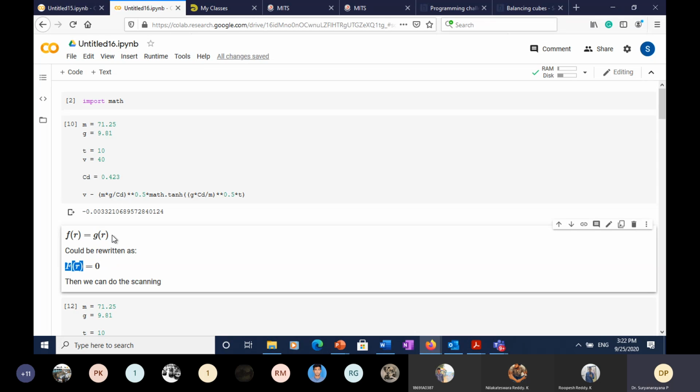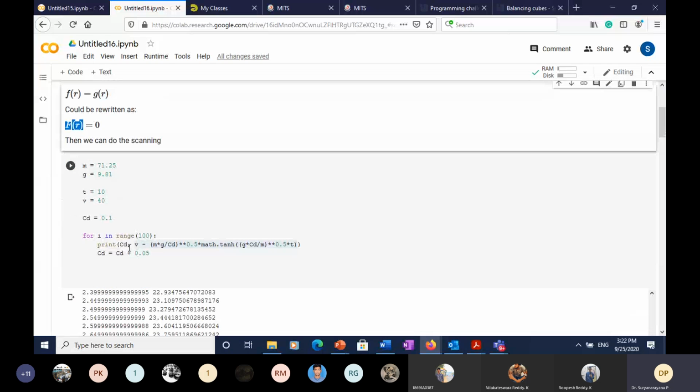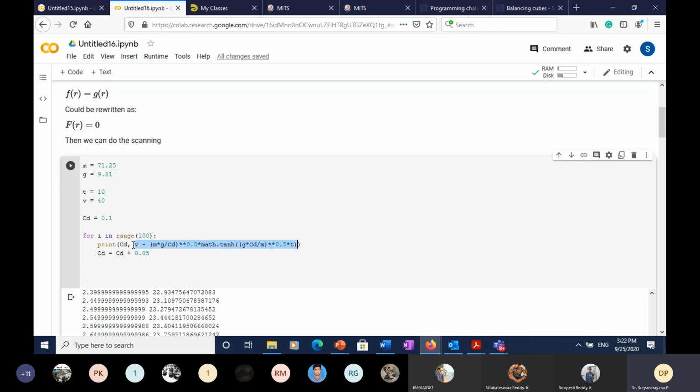Okay. The equation generally may look like this. R could be on the right hand side and left hand side also, but bring everything, including constants, to the left hand side and make the equation look like this. Now this is what you will solve. Okay. For that, you started with some value of CD, and then you print CD and the value of the function you got when you use this value of CD, and every time you increment the CD value by a small fraction.